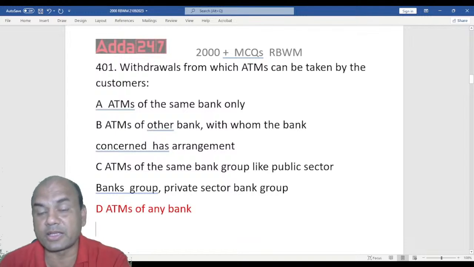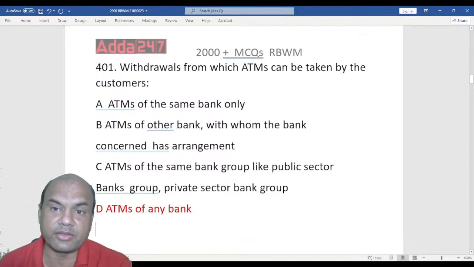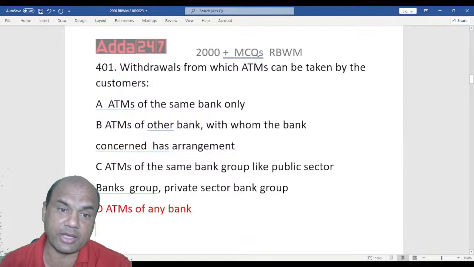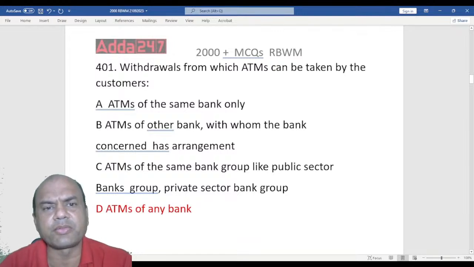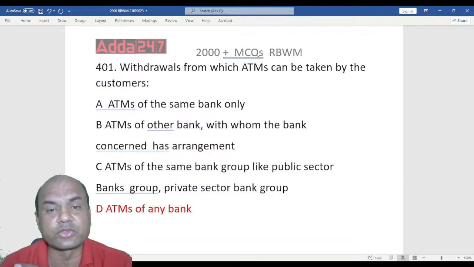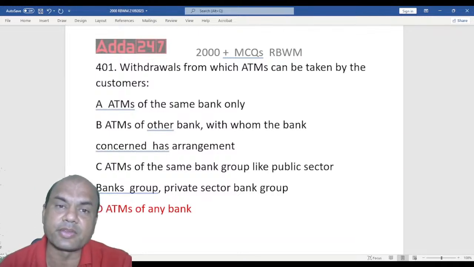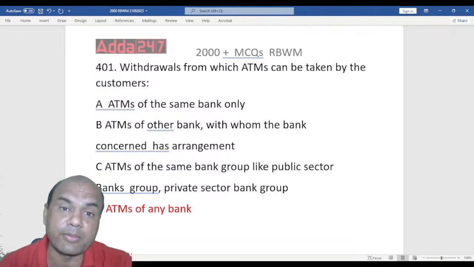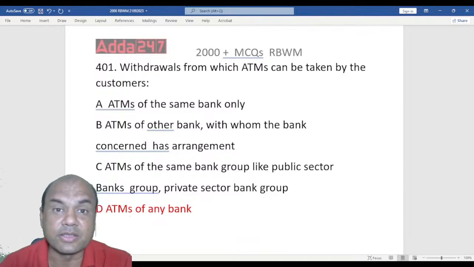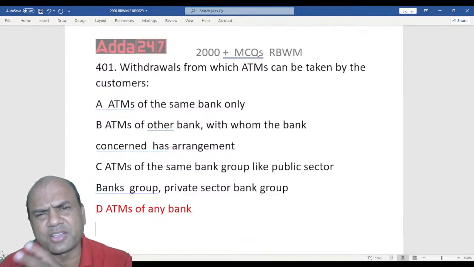Have you seen somewhere that only ATMs of this bank are allowed? 5-6 years back, there used to be some writing on ATMs that only MasterCards are allowed, only Visa cards are allowed, only SBI branches were allowed. Nowadays everything is gone, isn't it?